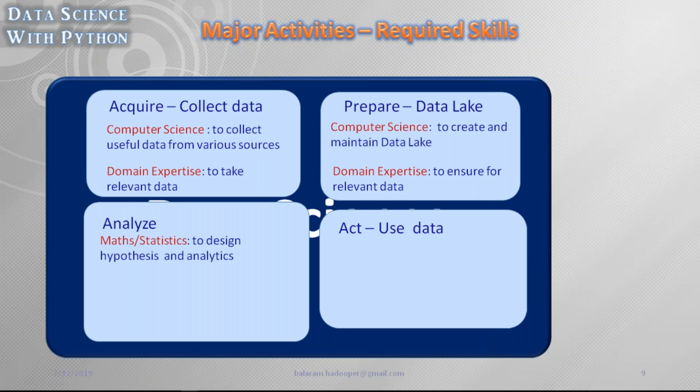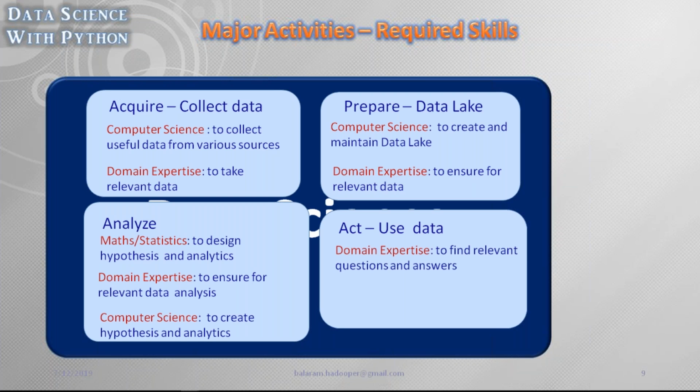Analyze means mathematics or statistics are required more, to design the hypothesis and analytics. Domain expertise is also important to ensure the data analysis is going in the proper way or not. Computer science is also required to create the hypothesis and analytics.